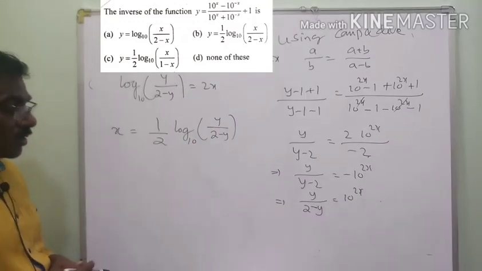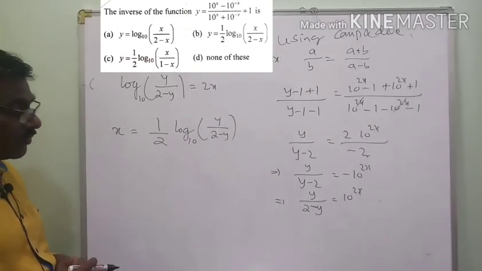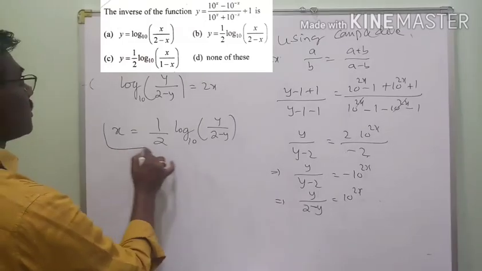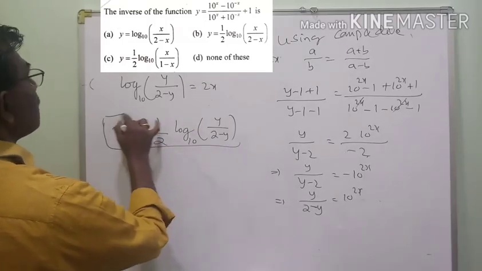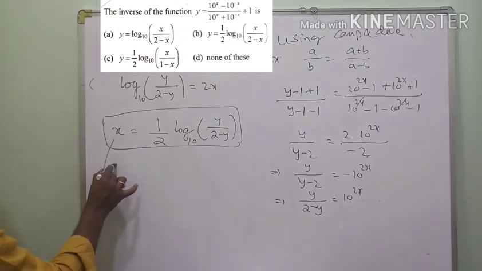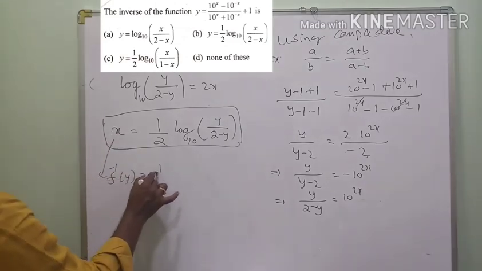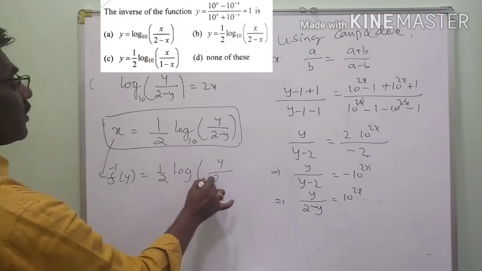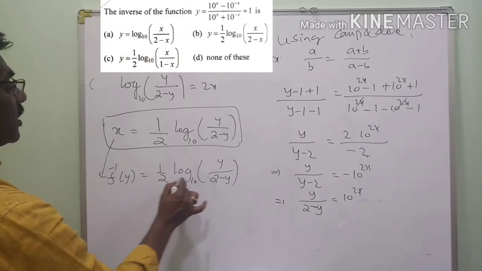Now he is asking the inverse of the function. So x is called f inverse of y, half into log of y by 2 minus y to the base 10.